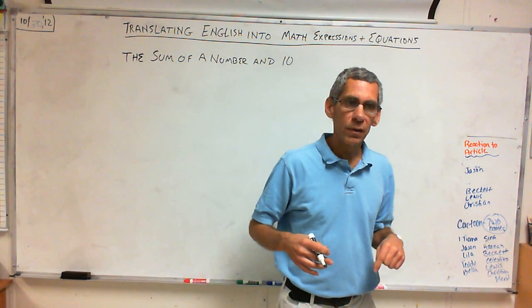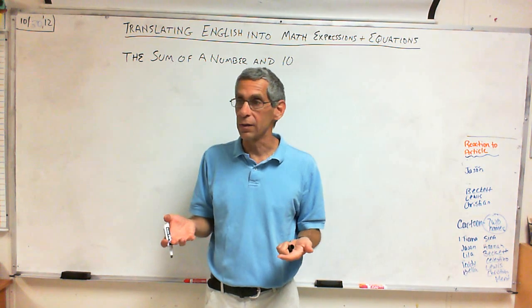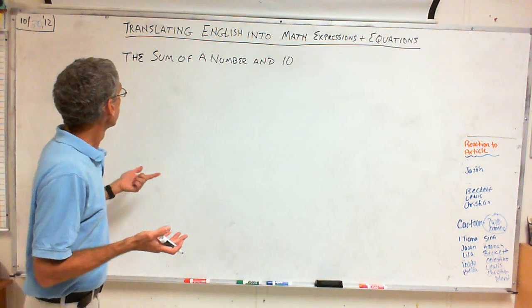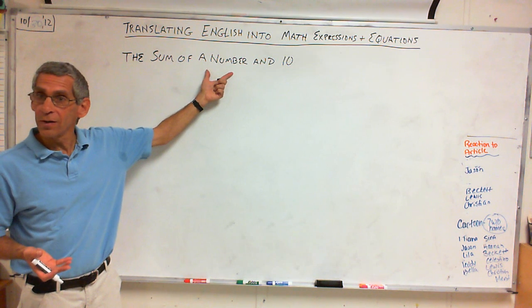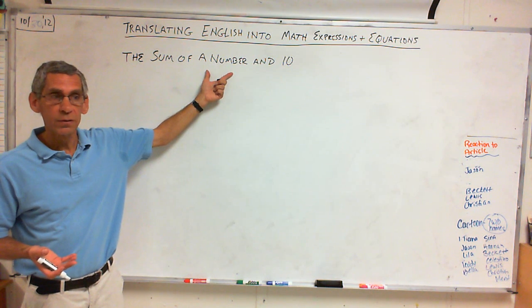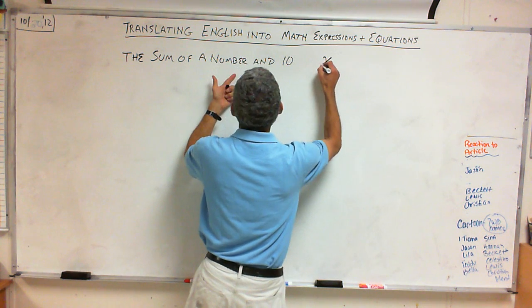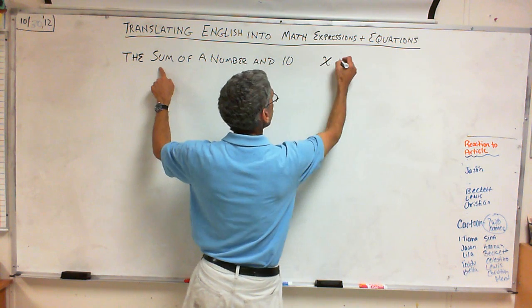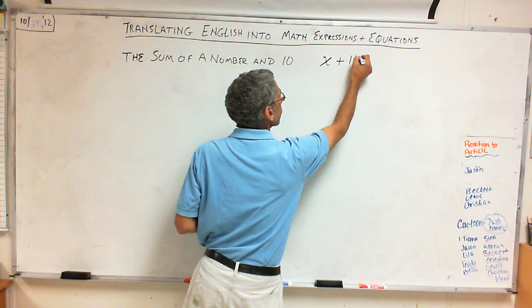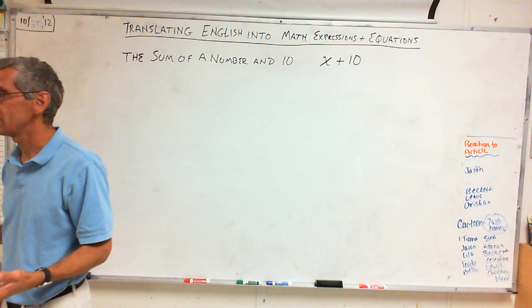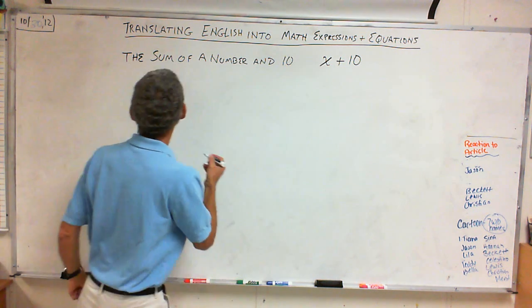The answer to an addition problem. So we know we're going to be adding two numbers together, right? The sum of, and then they give our two numbers. They say a number. Do I know what that number is? I don't. So it's going to be x. And it's the sum, so I add: the sum of a number and 10. There we go. That's pretty easy, right? Pretty straightforward. That's what that is.